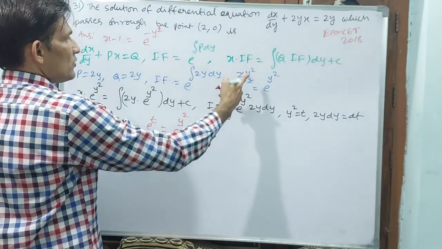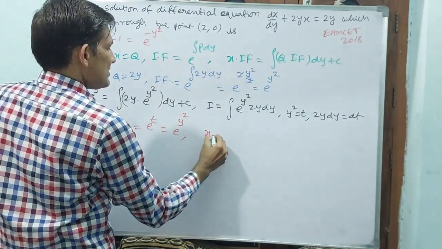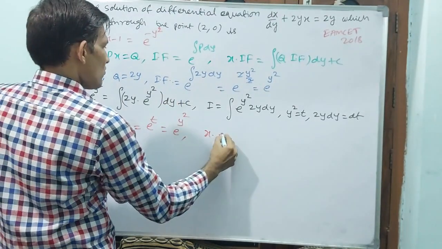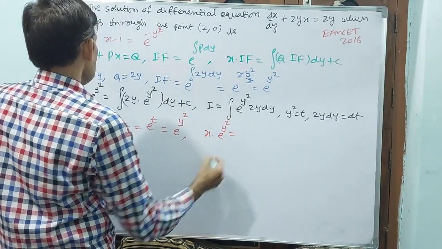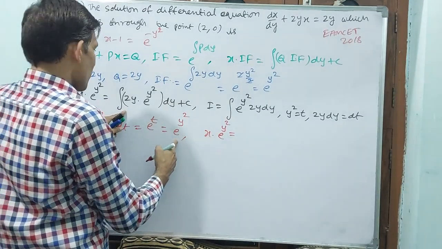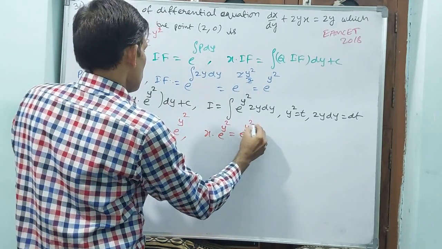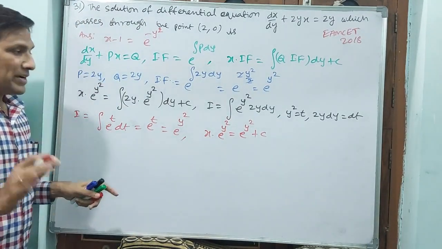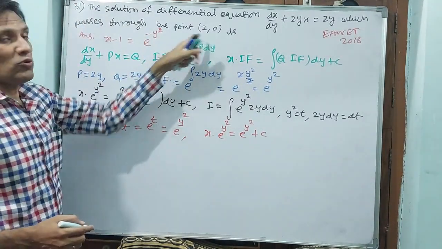Then finally, multiplying by the integrating factor e power y square, we get x into e power y square is equal to e power y square plus c. Now you have to find c, passing through (2, 0).